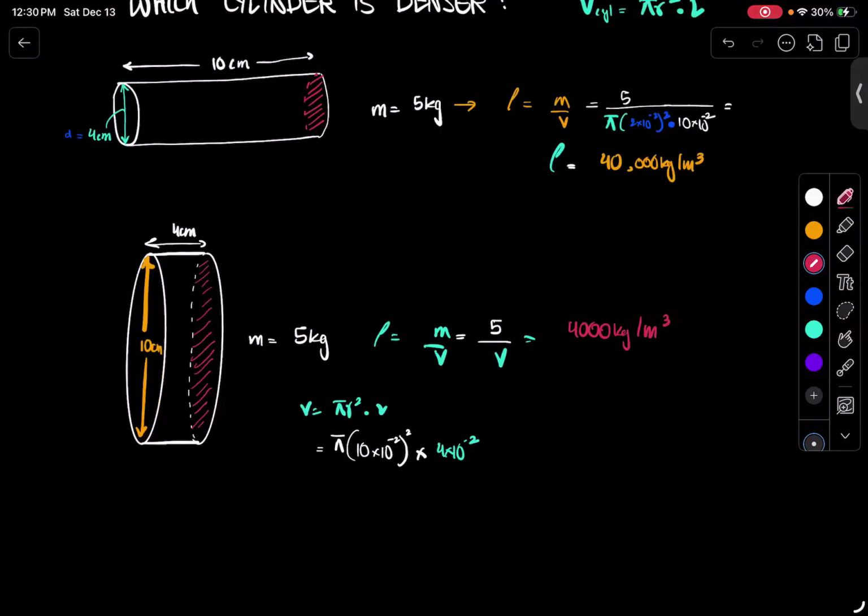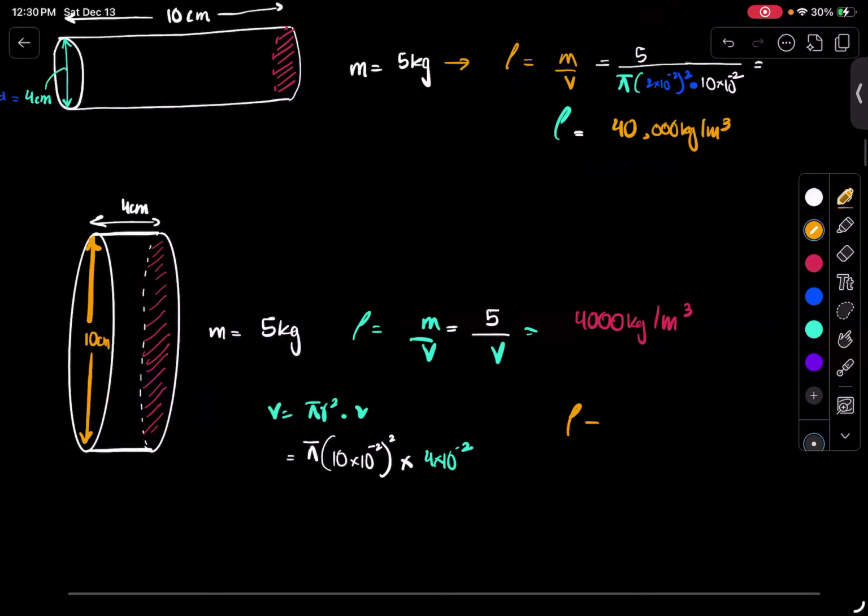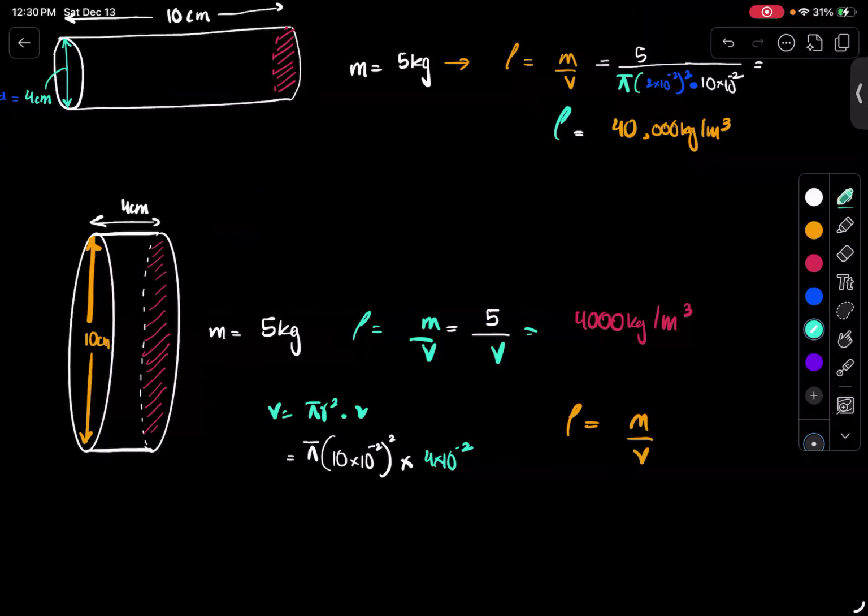So clearly we can see that this cylinder has a much lower density. Why? Because if density is equal to mass per unit volume, and you increase the volume while keeping mass the same, then obviously density is going to fall, because you have more volume for the same amount of mass. So it's less dense. It has lesser mass per unit volume.